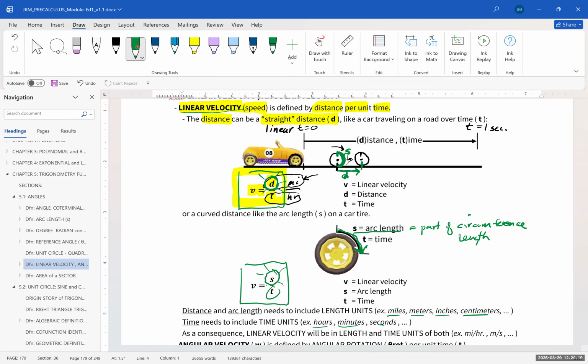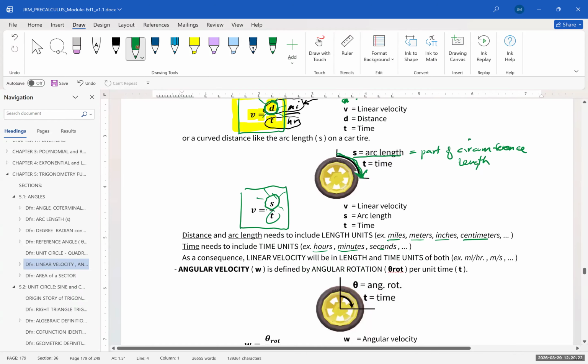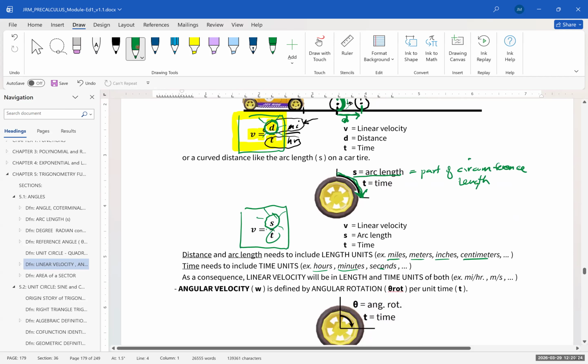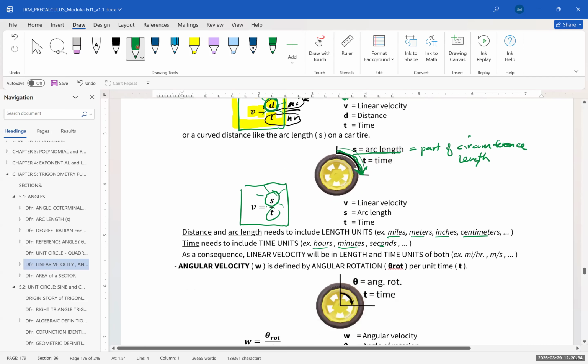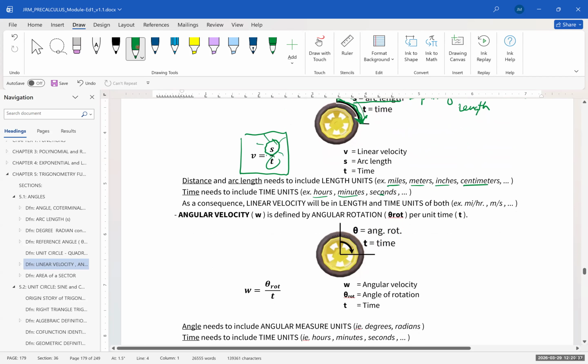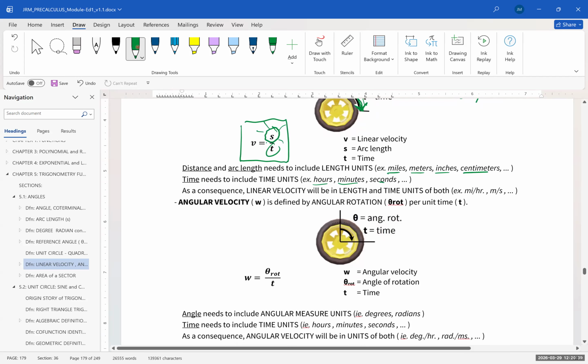Okay, so we can think of linear velocity in terms of a distance being a linear distance or that being curved. Now, let's think about angular velocity. So instead of thinking about distance per unit time, what if it was the rotation angle per unit time? So that would be what we call angular velocity.